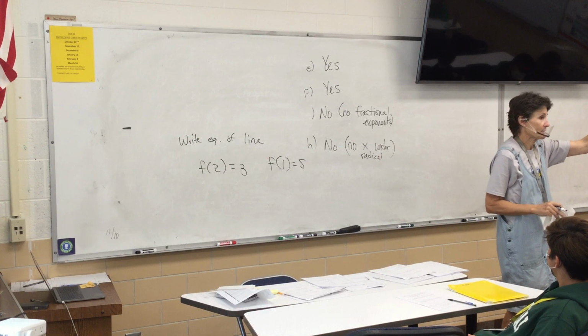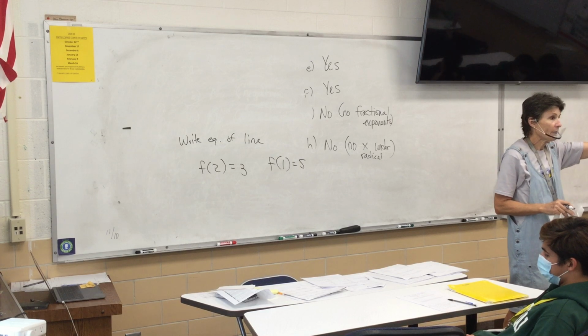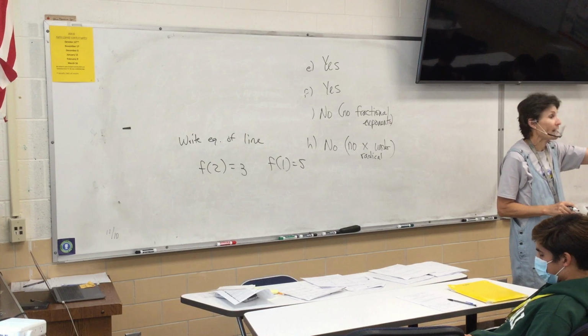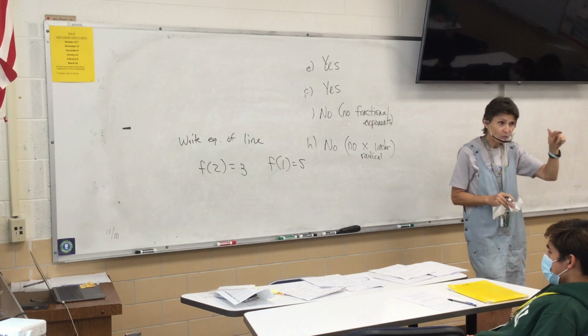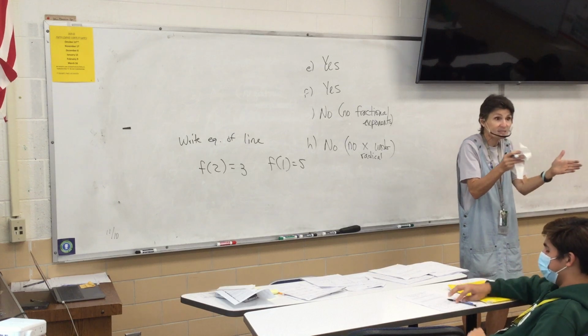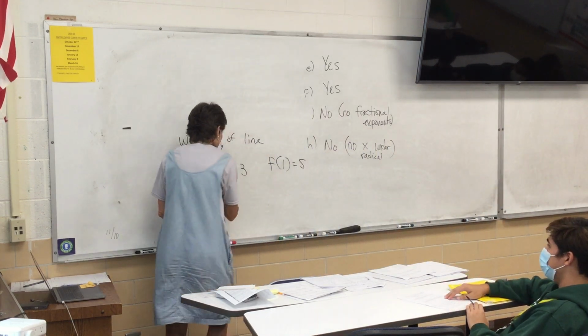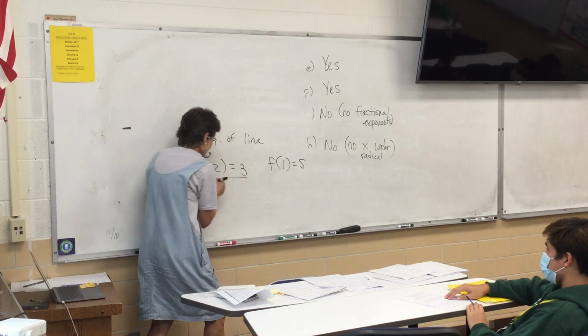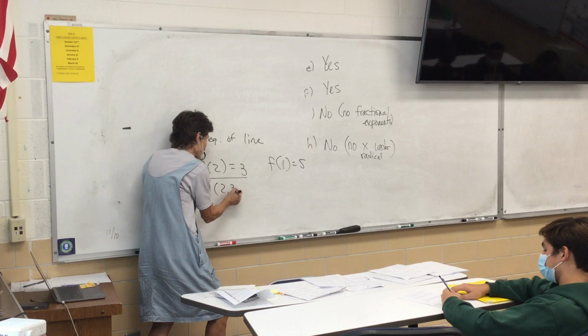Okay, how do we find slope? Rise over run, y2 minus y1 over x2 minus x1, right? That's how we find slope. Now, in order to do that, we have to have points. We have to have x's and y's. Believe it or not, kids, these are points. This is just a fancy way of saying (2, 3).